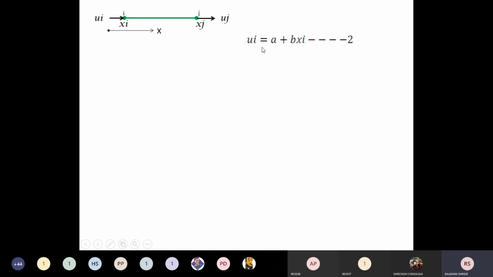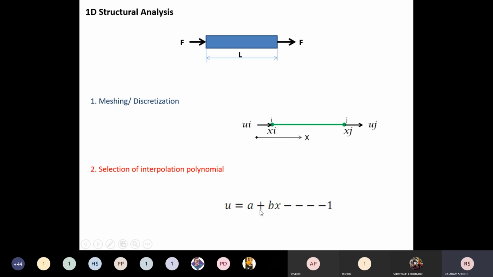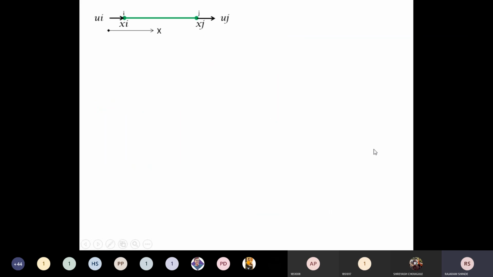Therefore from this equation, if I put x equal to xi, I will get the displacement at node I. If I put x equal to xj, I will get the displacement at j. So you will get these two equations, that is ui at node I, uj at node j. Now these two equations we can solve and we can find the a and b.